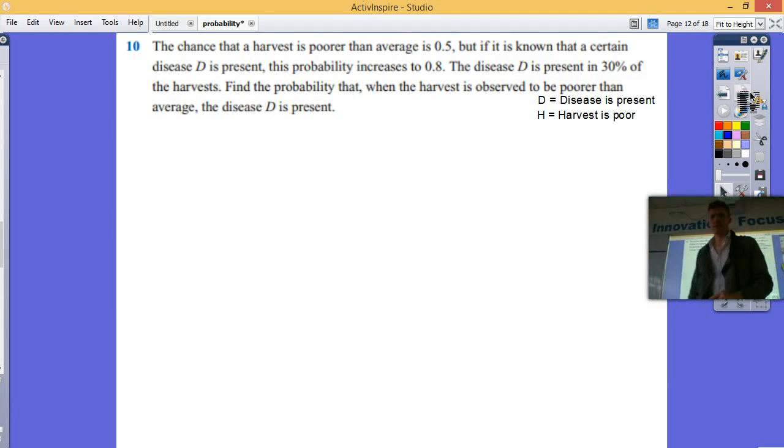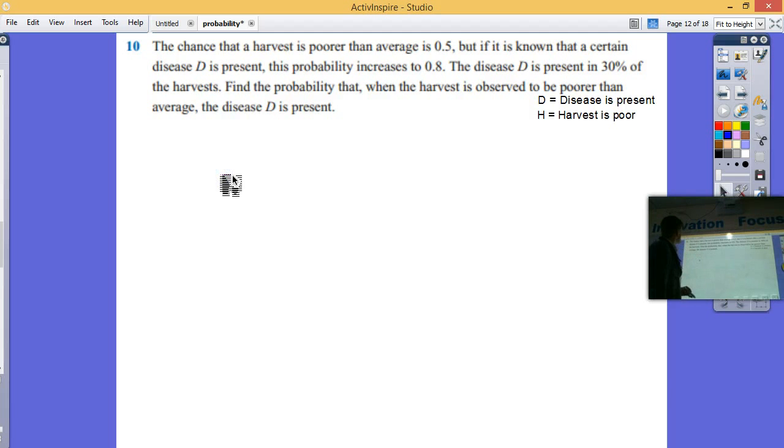Alright. Here's an important problem. This one pops up quite often. You can draw on a graphical representation, like a tree diagram, but it's not necessary, because as long as we understand the relationships between conditional probability and the intersection of events and draw on those rules, we're able to solve it.